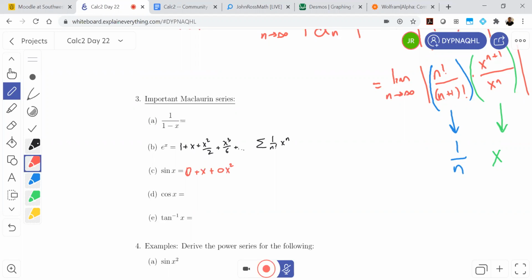We'll say 0x squared over 2 minus 1/6 x cubed minus 0 plus 0, x to the fourth, etc.